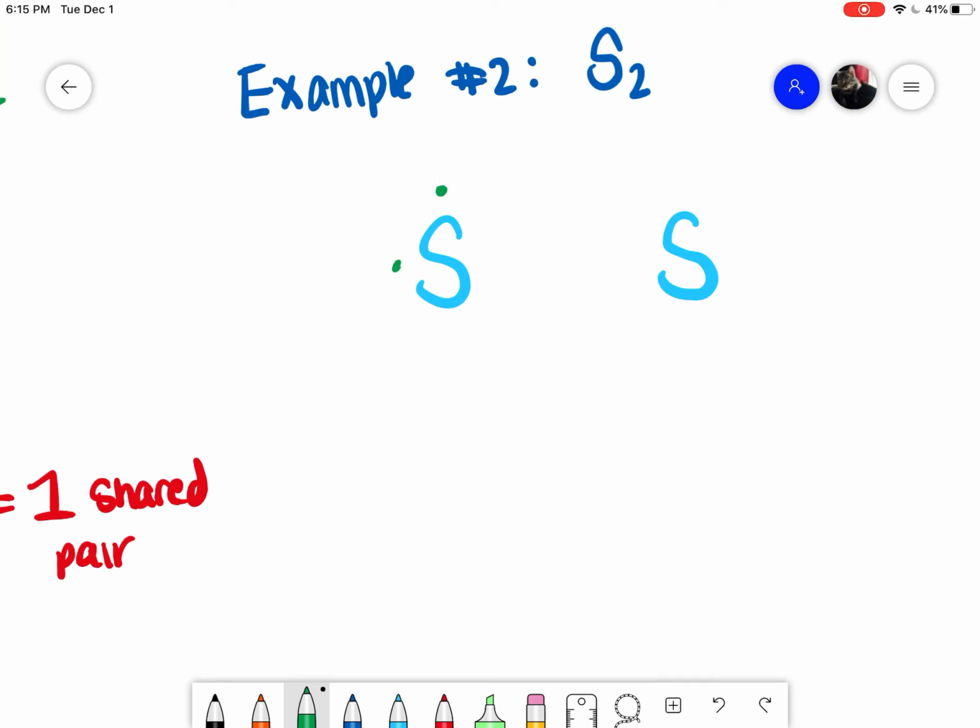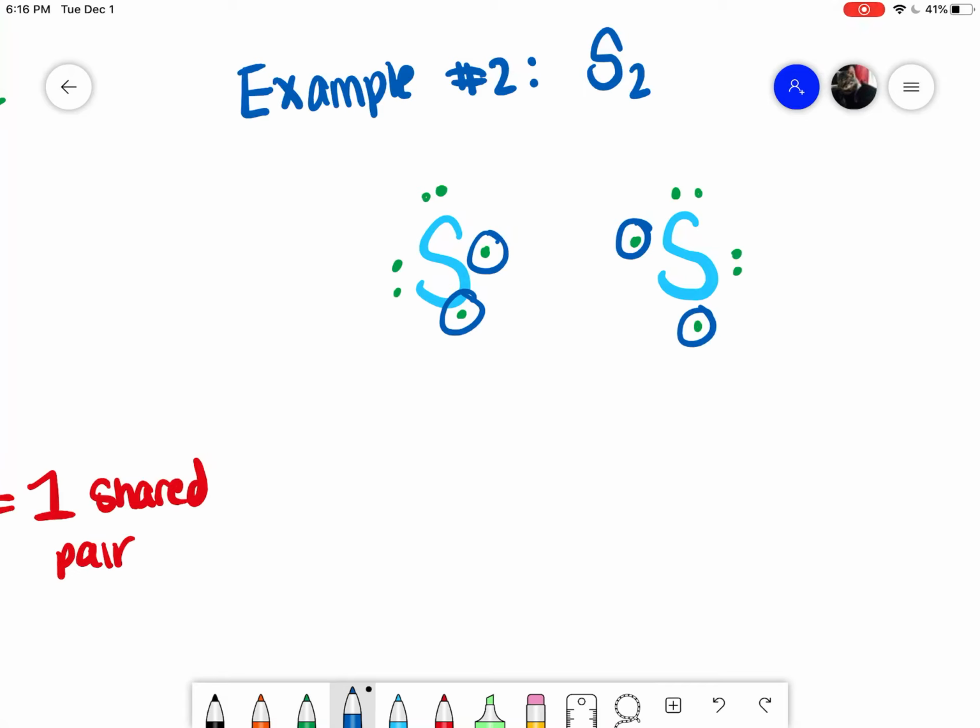So 1, 2, 3, 4, 5, 6, 1, 2, 3, 4, 5, 6. And remember, you want those lone electrons towards the center. And so for each sulfur, we have 2 lone electrons.